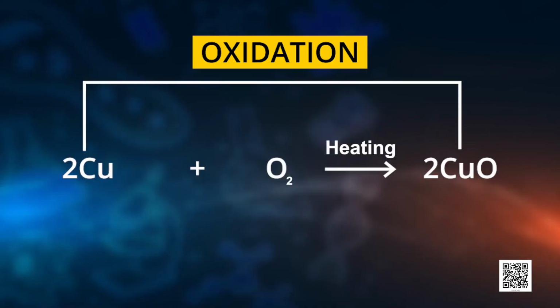The surface of copper powder will turn black. This is because oxygen gets added to copper and copper oxide is formed. And you can very easily represent this chemical reaction. See on your screen, copper and oxygen on heating are giving copper oxide.